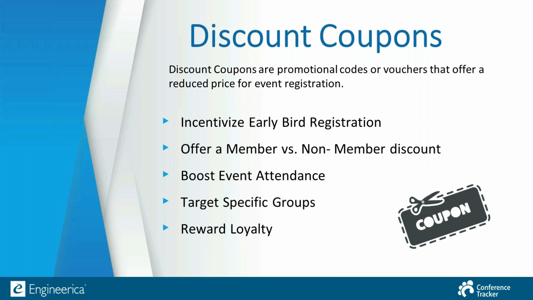This is common, right, to use discount coupons to boost your attendance by offering some type of discounted rate. Also, we're going to be able to target specific groups of attendees, and also reward loyalty. So you can offer a discount code for returning attendees as well.